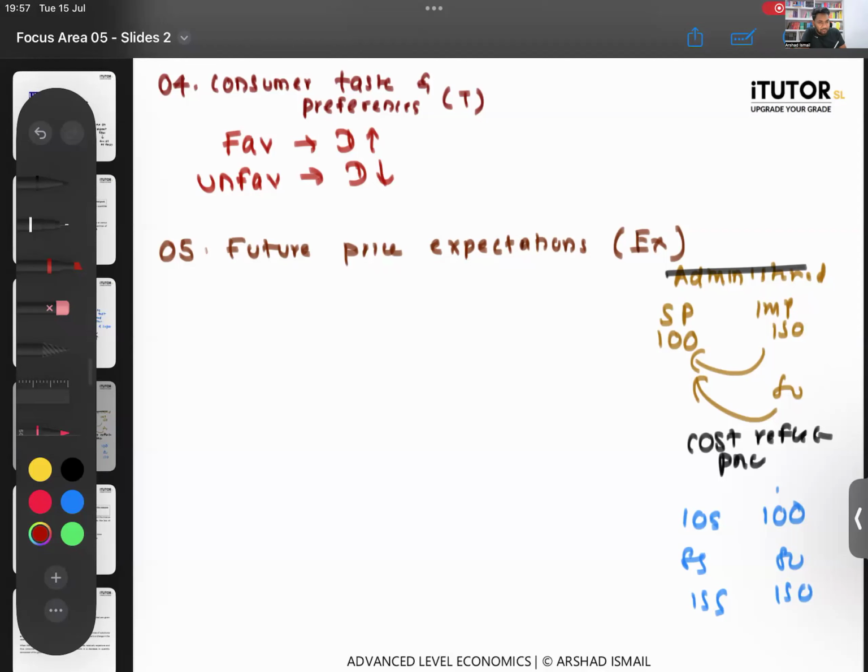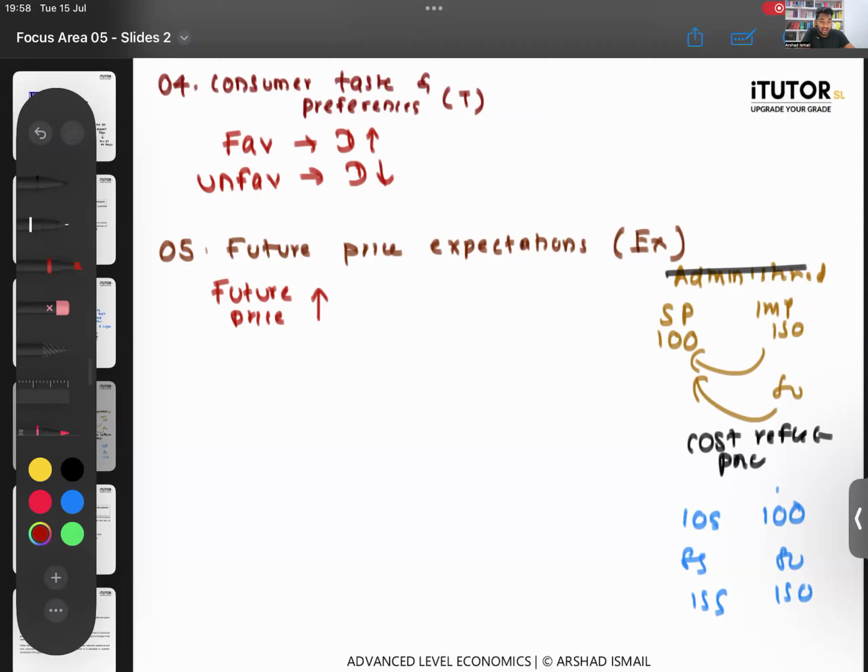Let's say I know that tomorrow, the 1st of August, the future price of petrol will increase. One liter that is 300 will go for 400. What will I do today? If I know that prices are going up tomorrow, what will I do?